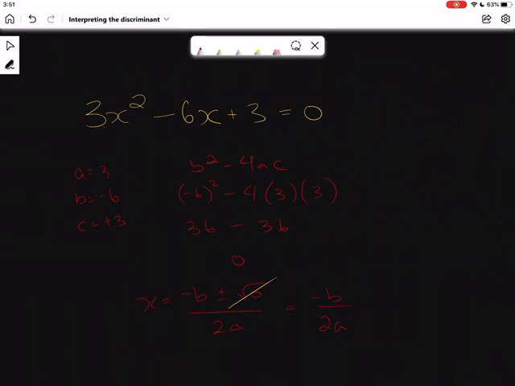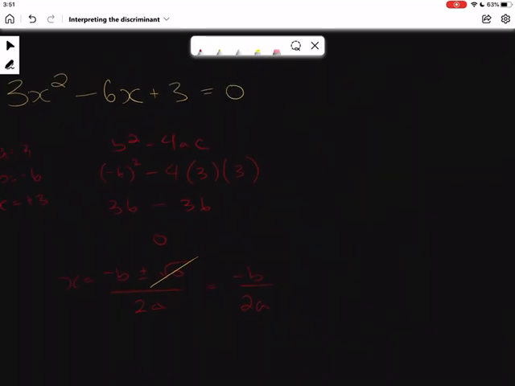So this generates only one solution. And this time my discriminant, my b squared minus 4ac, is actually equal to 0.